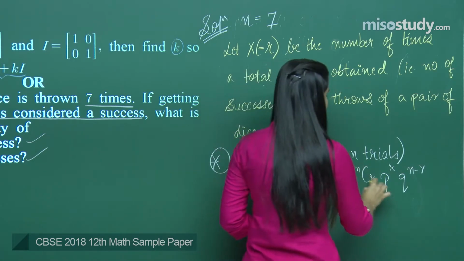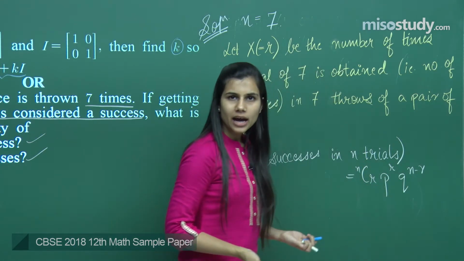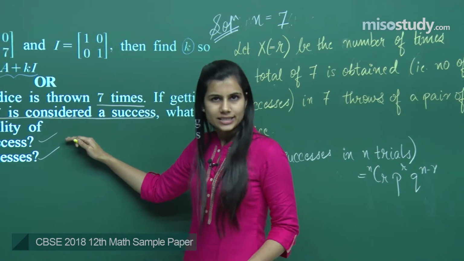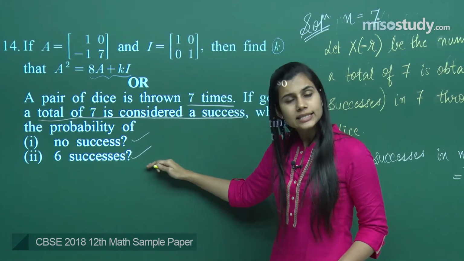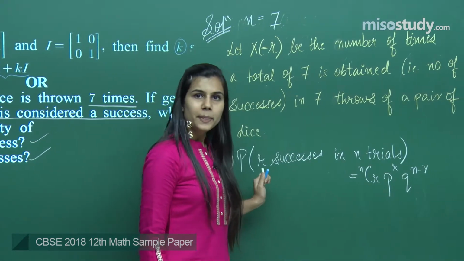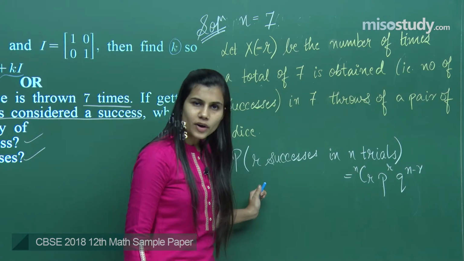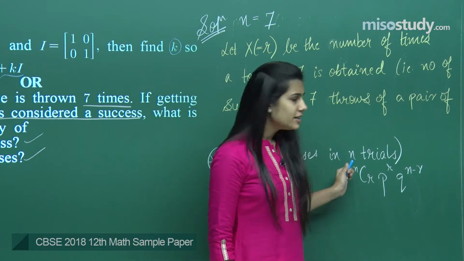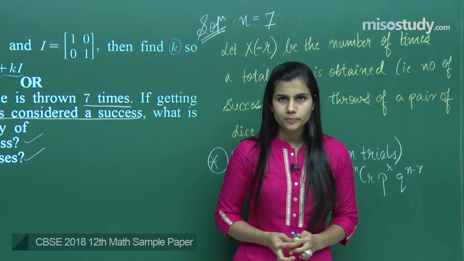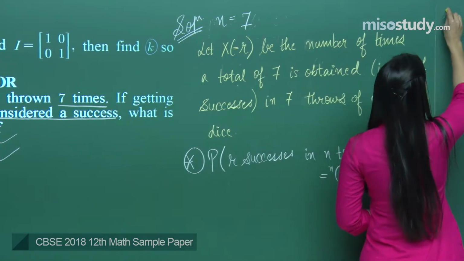I know what my n is, and I will know my r, how many successes I want. I want once 0 successes and then 6 successes, so I will put 0 in place of r, then 6 in place of r, and my n is equal to 7. So the only thing left unknown is small p and small q. What is small p?